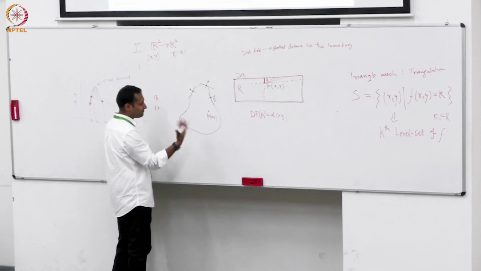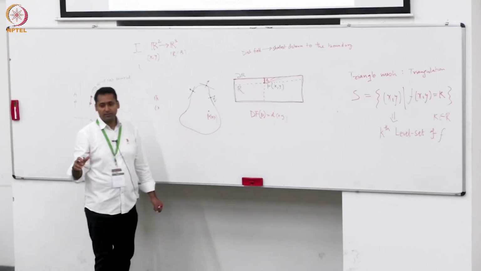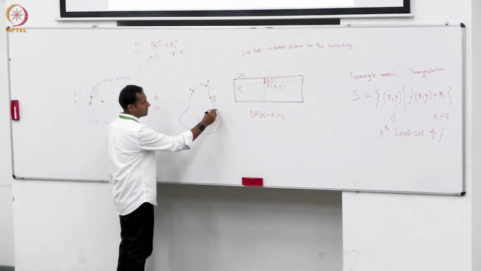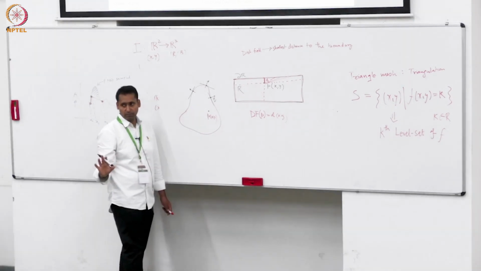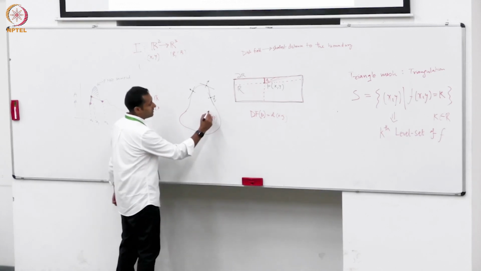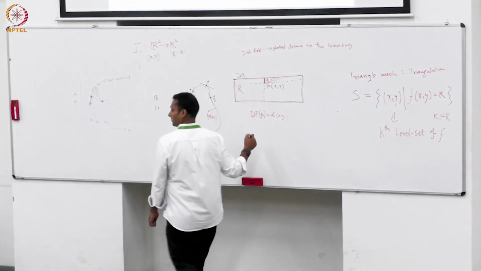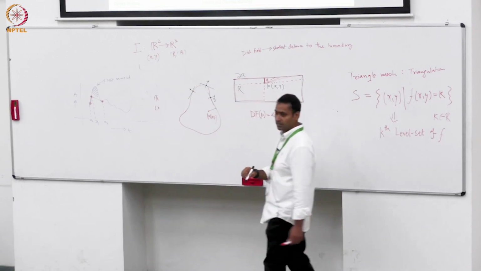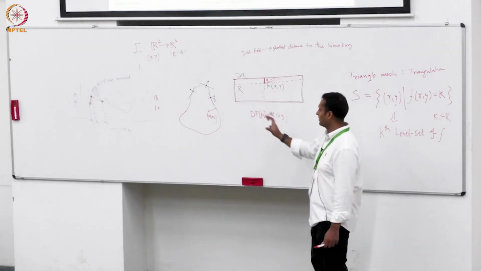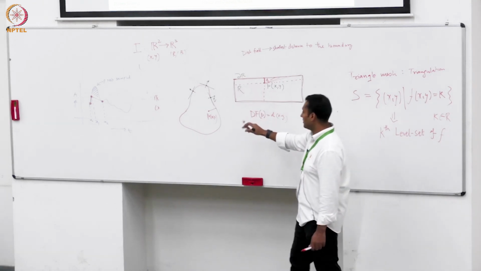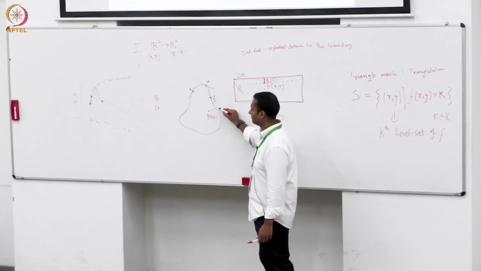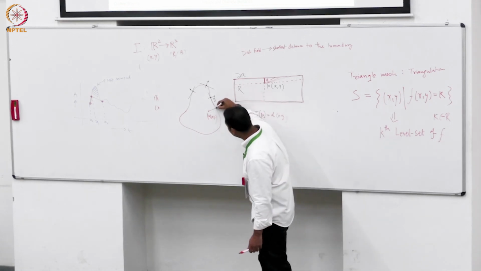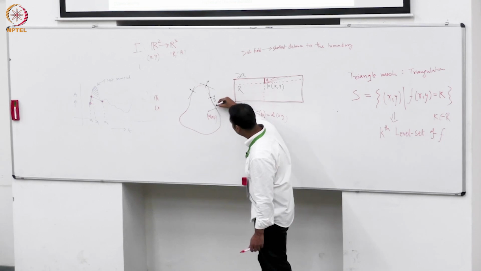But for simplicity's sake, I could just compute distances from all points on the boundary and pick the minimum, right? And that's going to land me somewhere here. You can see it's going to land me somewhere here, let's say. It so happens that this segment is perpendicular to the tangent at that point.